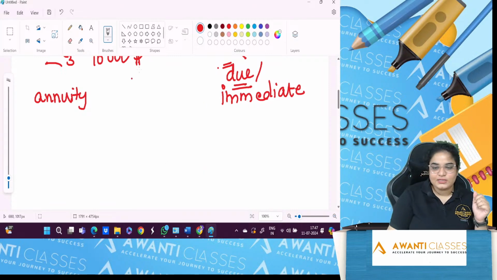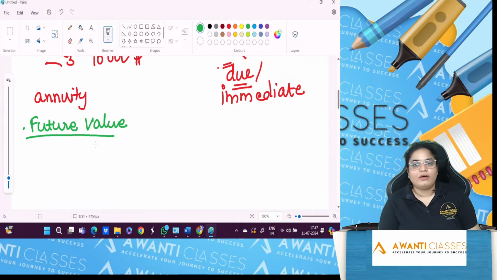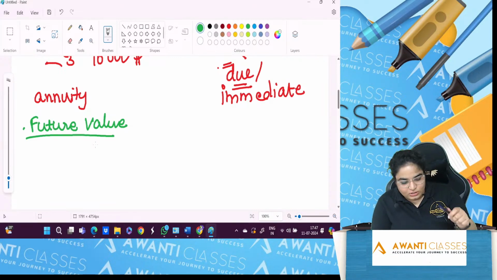Okay, there is now another concept that we will quickly do. It is called future value. What is future value? Future value means what is today's money in tomorrow's terms. Do you remember yesterday also we talked about this time value of money?